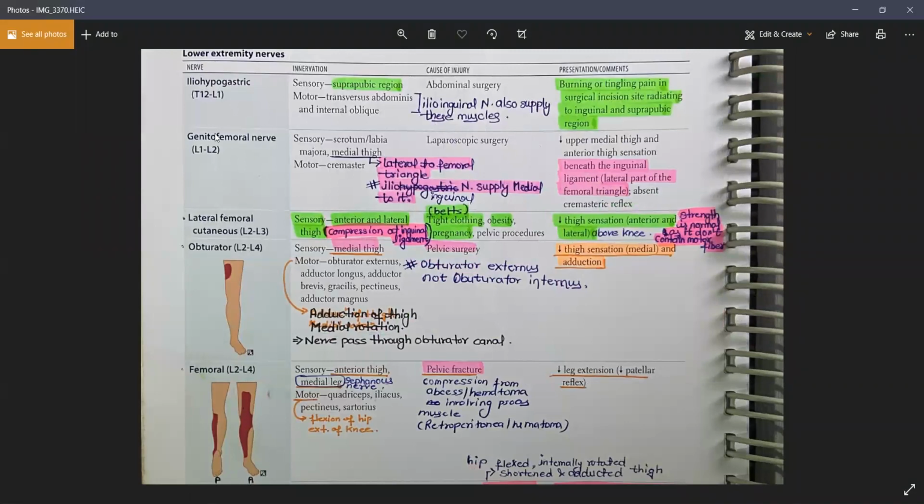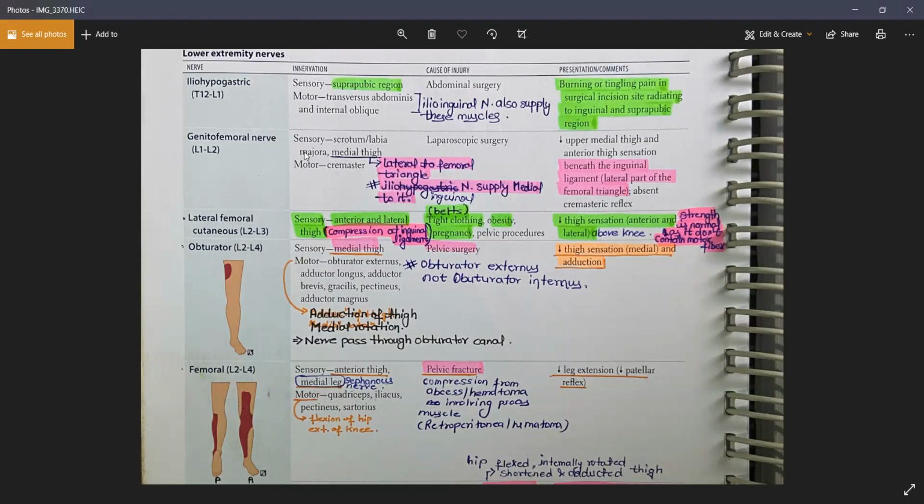As the name suggests, it supplies the genitals as well as the femoral region. Okay, for the sensory supply, it supplies the scrotum or the labia majora, and of course the medial thigh, just above the location of the obturator muscle. Above the obturator muscle, you have the genitofemoral nerve region, right? And for the motor, it supplies the cremaster muscles.